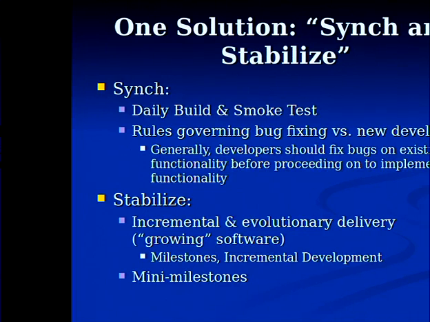So, within Excel, we do daily builds. At the time, we couldn't do continuous integration because it was too burdensome. And then you do a smoke test associated with that. And generally speaking, there's this rule that developers should fix bugs on existing functionality before proceeding on to implement new functionality. Don't go on and create new functions while there's bugs reported, there's defects reported, problems reported with your existing functionality.